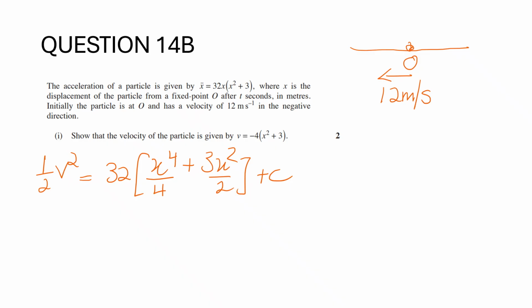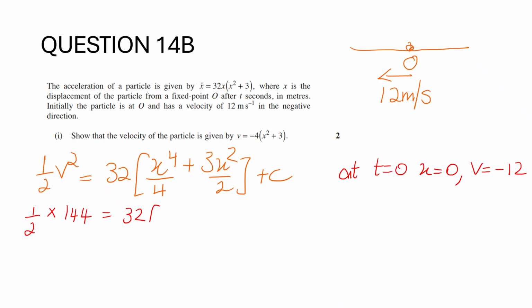Resolving the constant: at t equals 0, x is equal to 0, and v is equal to negative 12. So a half times negative 12 squared is 144, hence 72, which is equal to 32 times 0 plus c. Therefore, c is equal to 72.